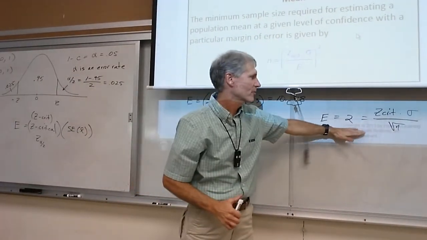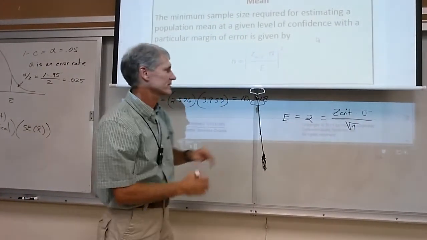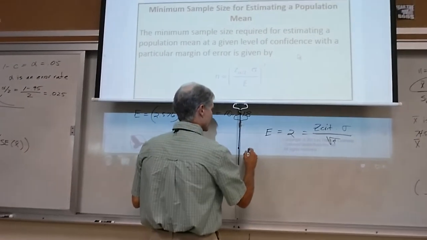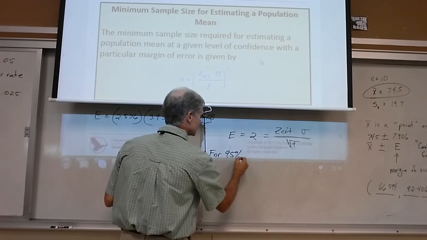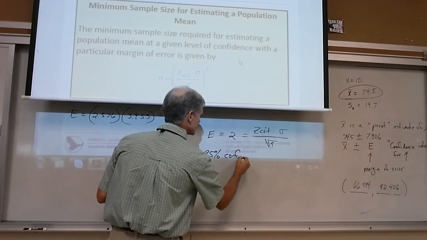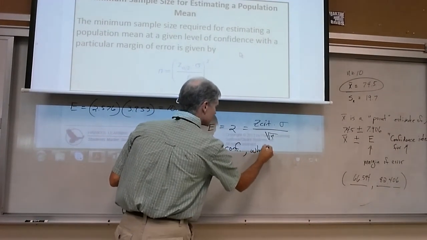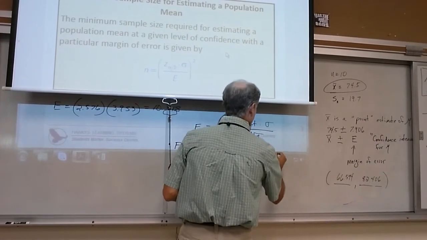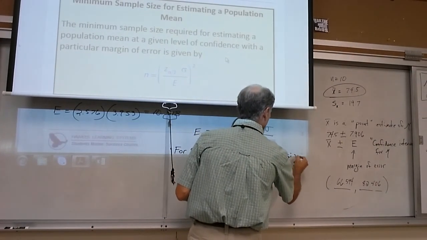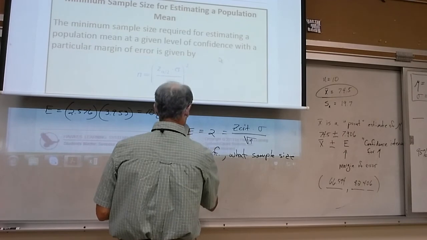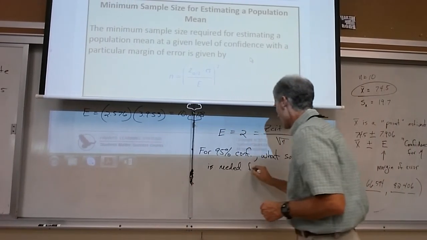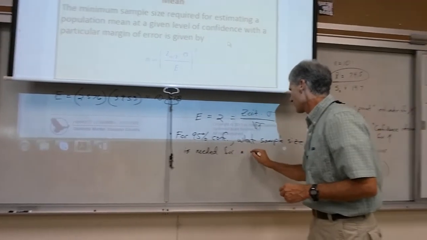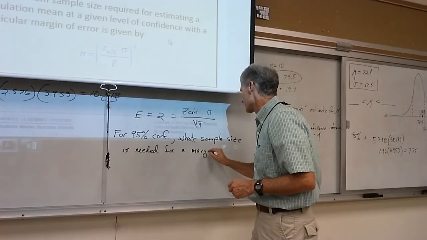So compute it for me for 95% confidence. If I want 95% confidence, what sample size is needed for a margin of error of 2?